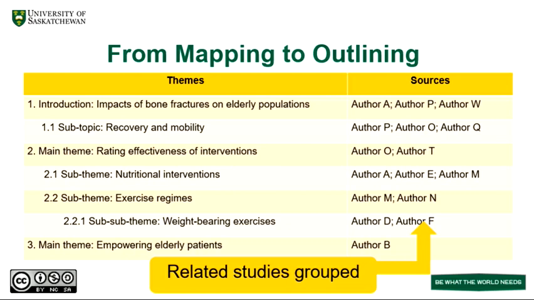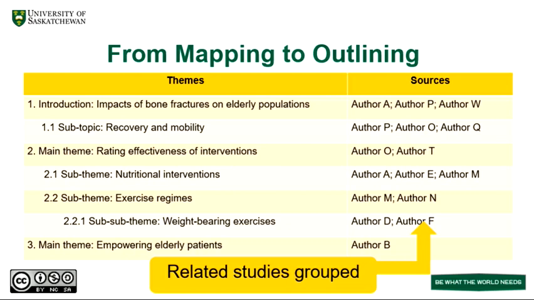And this is where you would start to go back to that research matrix and start populating your outline using those related studies, so you know how you're going to surface those commonalities or those relationships when exploring different themes or sub-themes or sub-sub-themes.